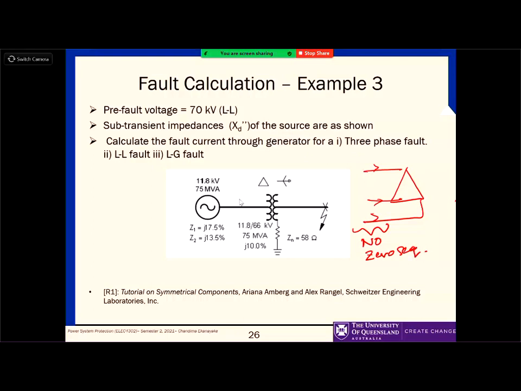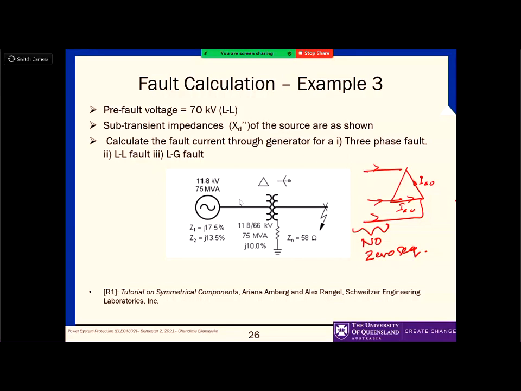What do you think about inside the delta? Can there be zero sequence inside delta? What do you mean by zero sequence? The same current in all phases. Write it like this. Okay, I have a current IA0 here. The same IA0 is going through here.